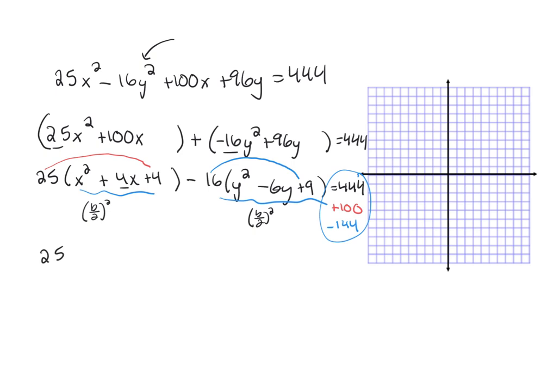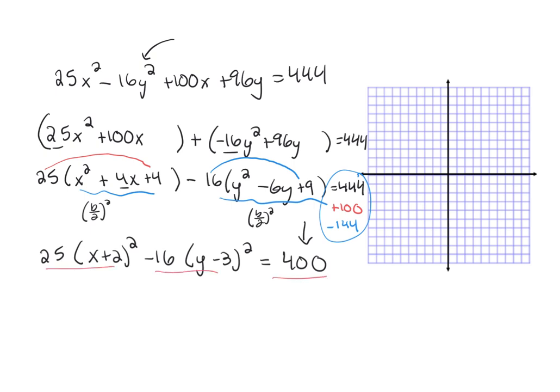All right, so 25, and then this goes down to (x plus 2) squared minus 16 (y minus 3) squared. And then this should equal 400. All right, remember we want this to be equal to 1, so we can now divide all terms by 400, and then we can simplify these.